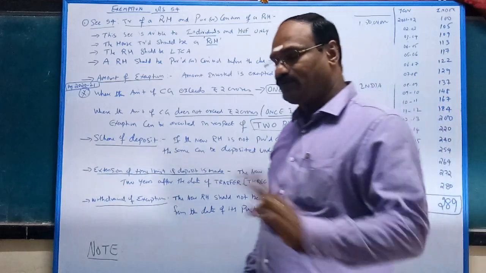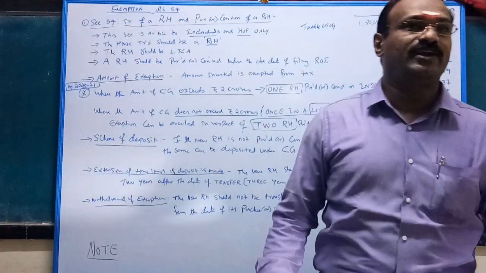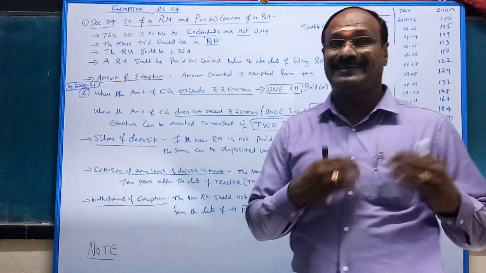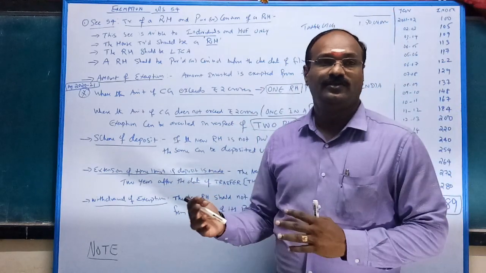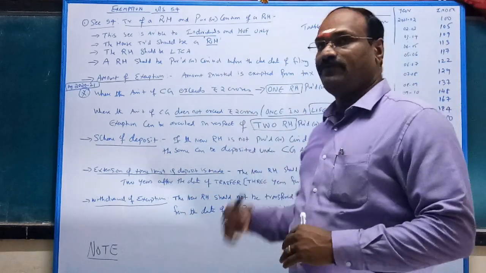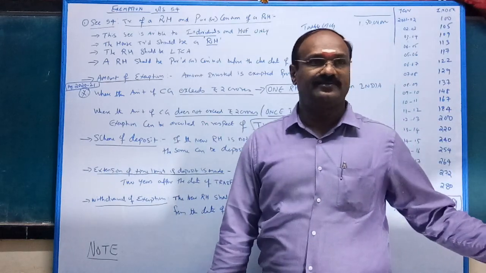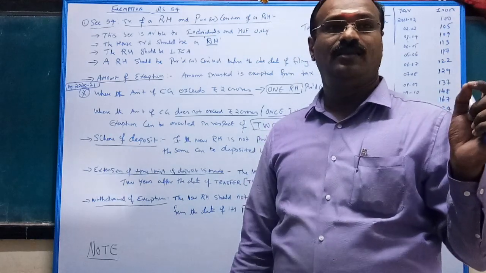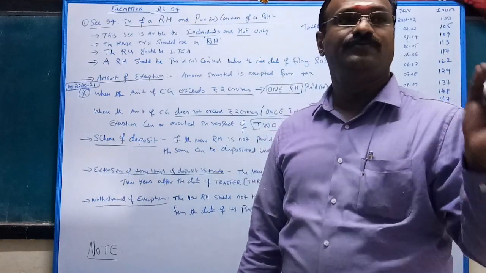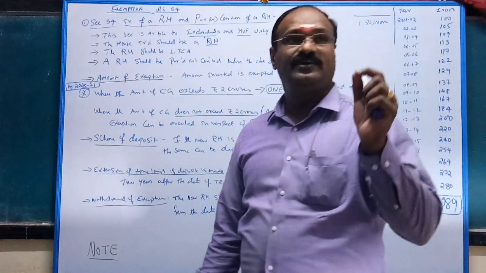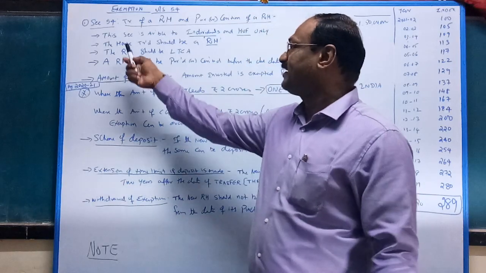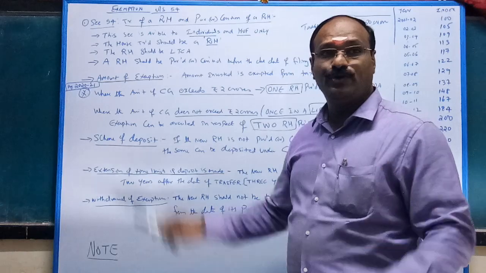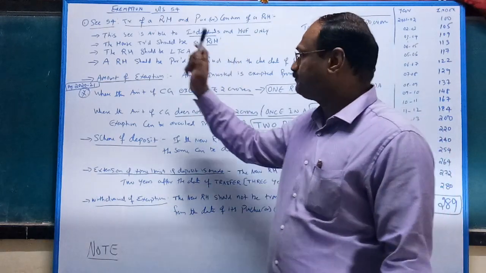Suppose if you transfer a commercial complex, you cannot claim section 54. Of course, there is another section for that. So in order to claim section 54, you have to transfer a residential house. Then only you can claim section 54.